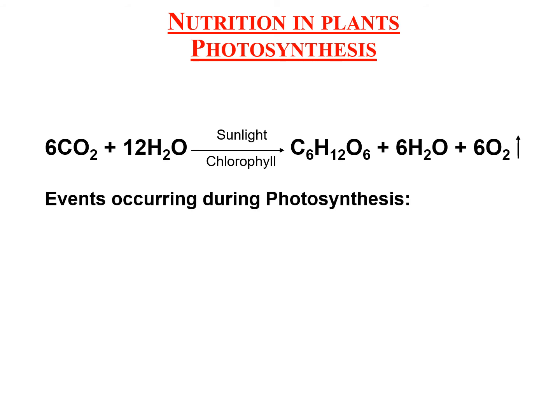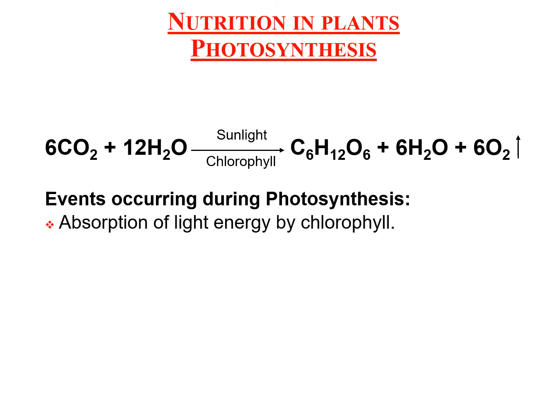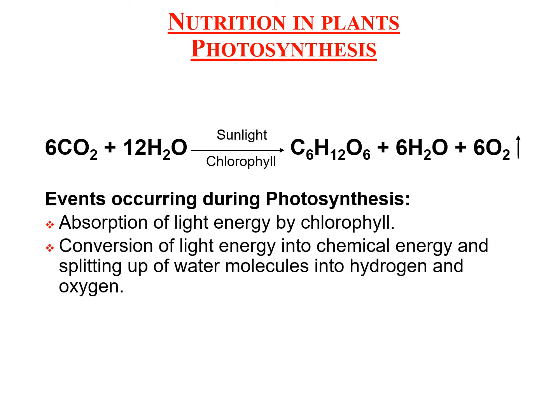Let us understand the different events that occur during photosynthesis. So the different events are: 1. Absorption of light energy by the chlorophyll. During the day, the chlorophyll that is present in the leaves absorbs light from the sun. 2. This light energy is converted into chemical energy by splitting of water molecules into hydrogen and oxygen.